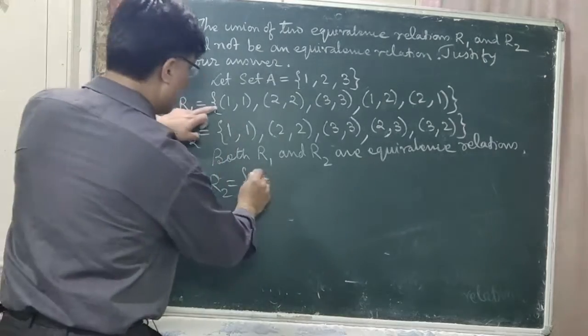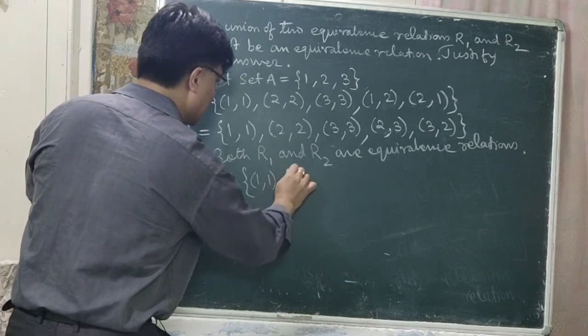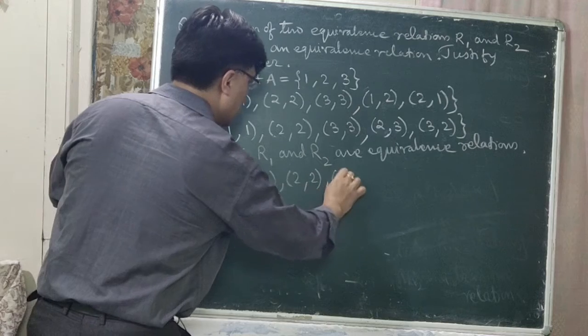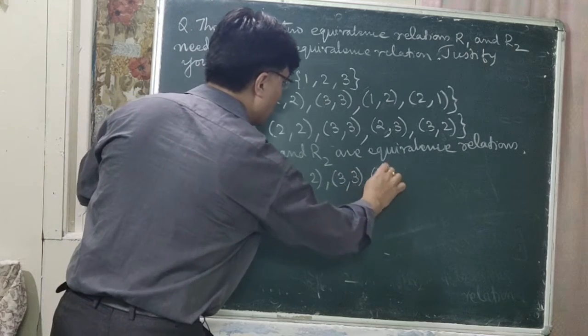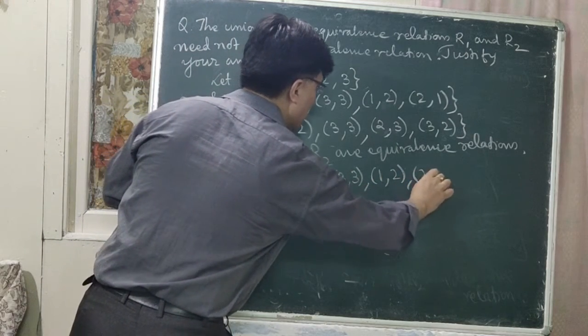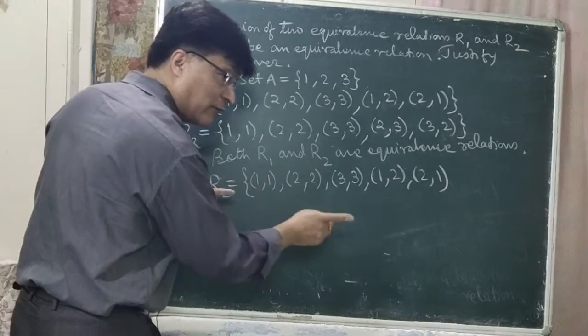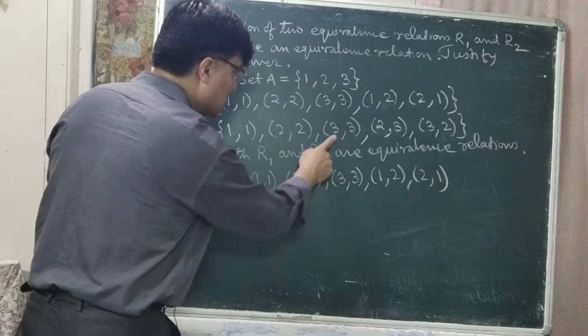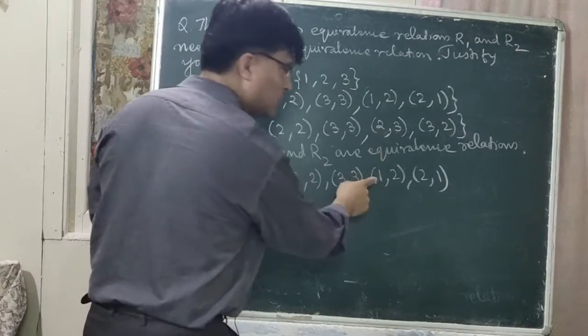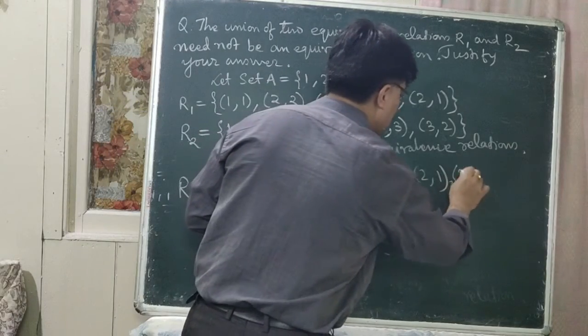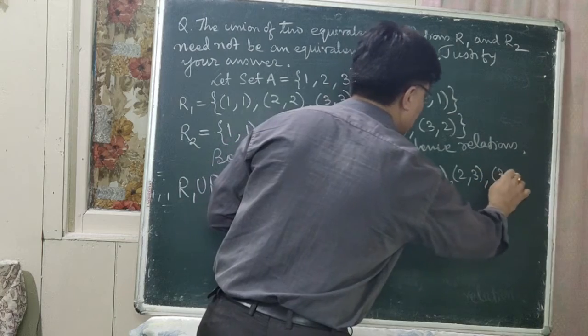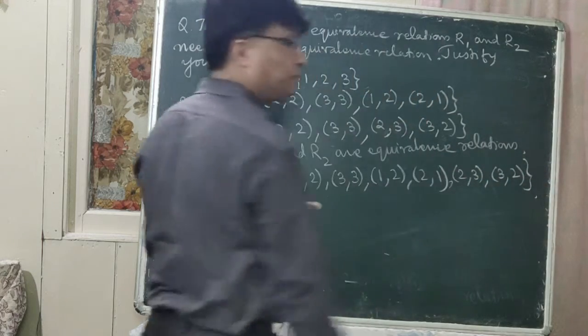So (1,1) is there, (2,2), (3,3) are there, (1,2) is there, (2,1) is there. (1,1) we have already written. (2,2) is there, (3,3) is there, but (2,3) is not there, so you have to write (2,3), then (3,2).